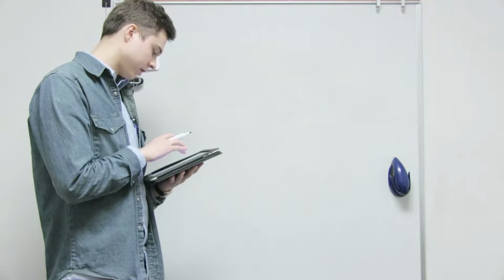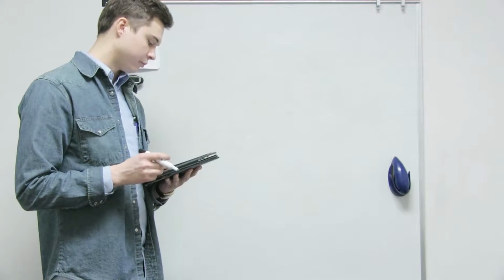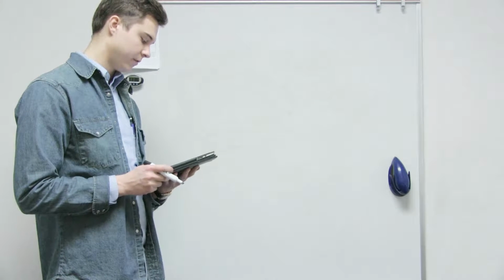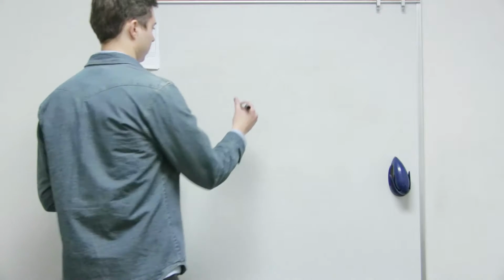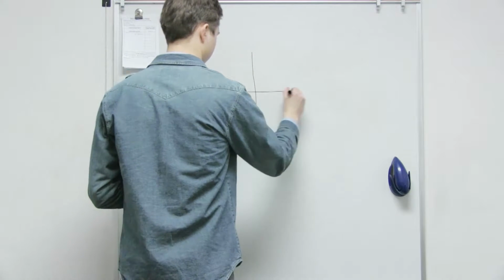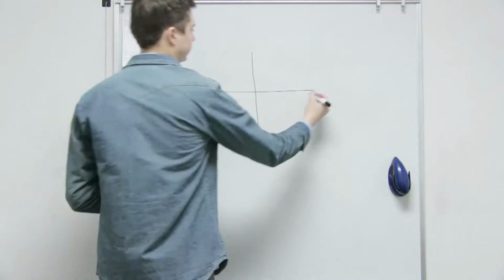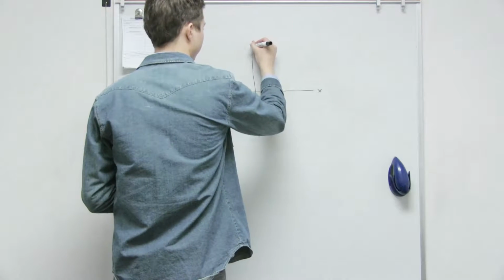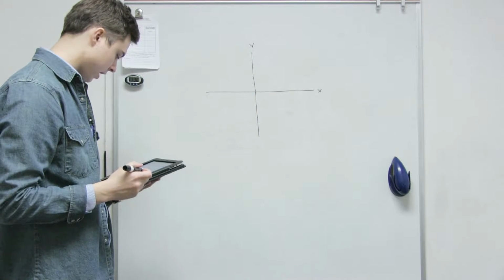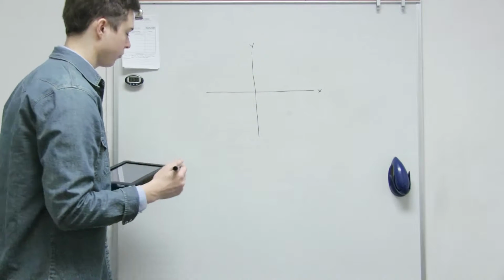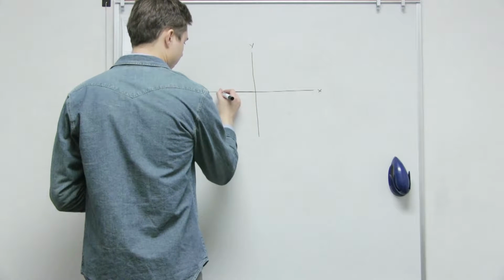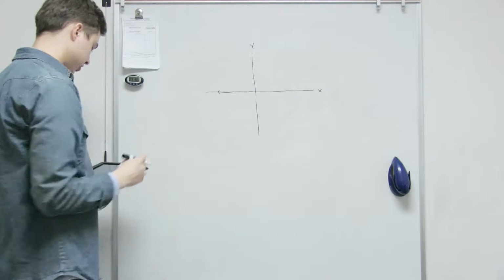A car is driven 230 kilometers west and then 98 kilometers southwest, so a 45-degree angle. So let me just go ahead and get that written. So here's our XY coordinate system, right? This is the way we look at the world. And we've got a car that's going straight west, right along that x-axis in the left direction.